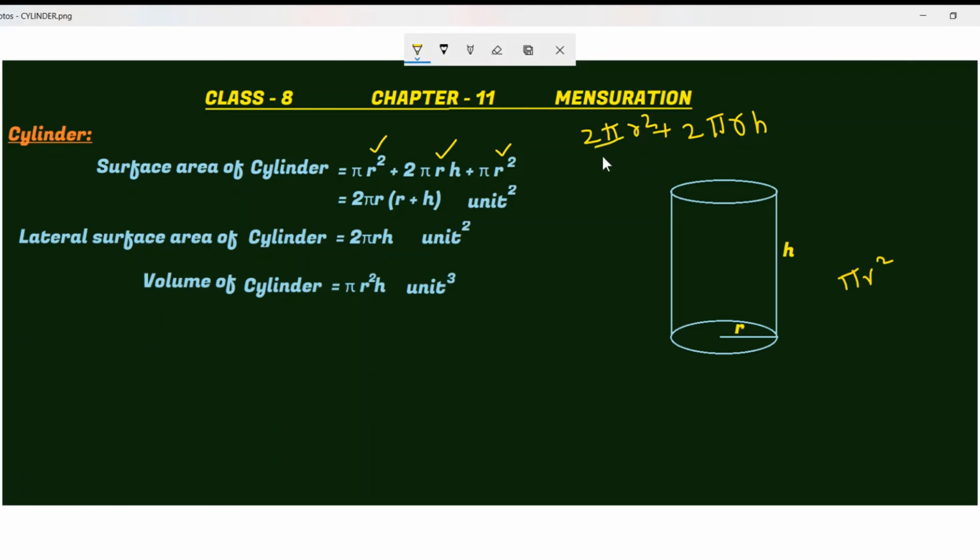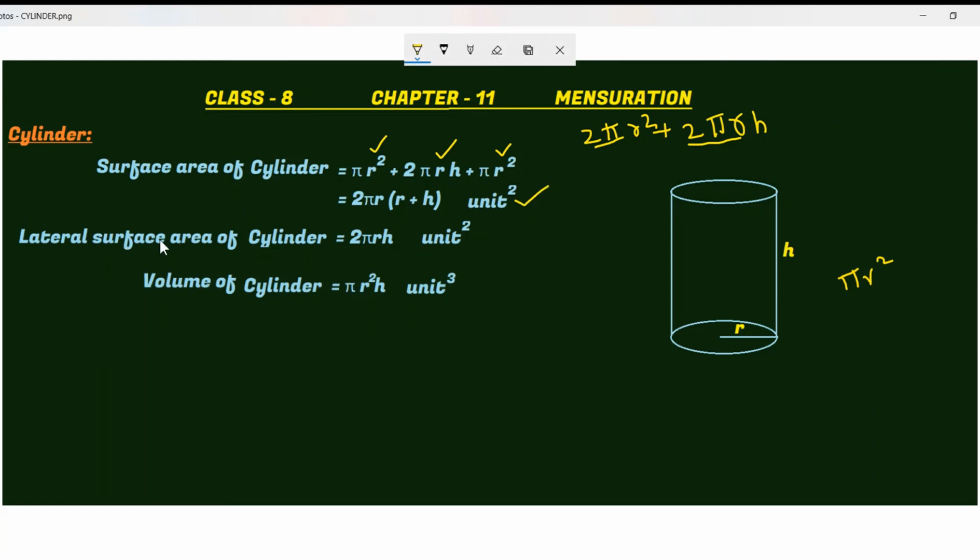So if you take out 2 pi r from the first term, the remaining is only r because there are 2 r here. So r plus, here if you take out 2 pi r outside, only h is remaining. So I have written here h. So the formula for total surface area of cylinder is 2 pi r into r plus h unit square.